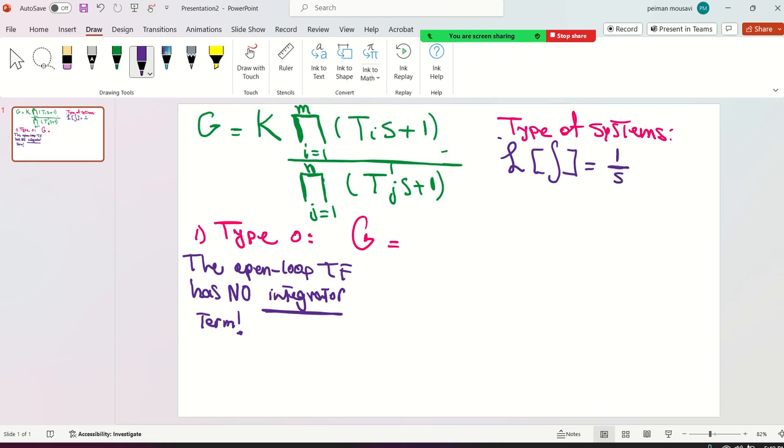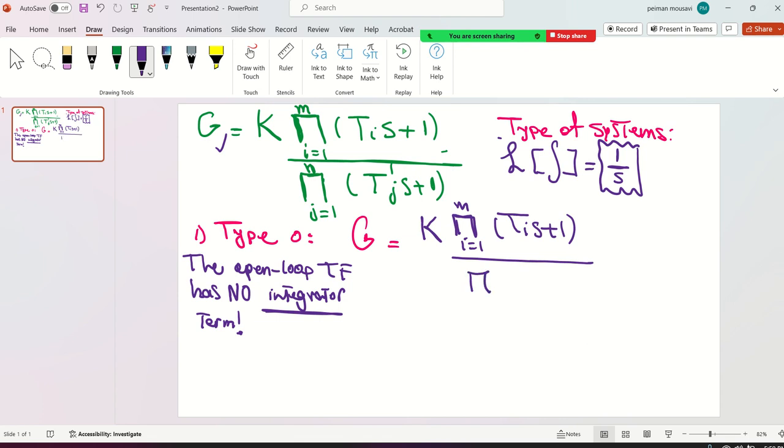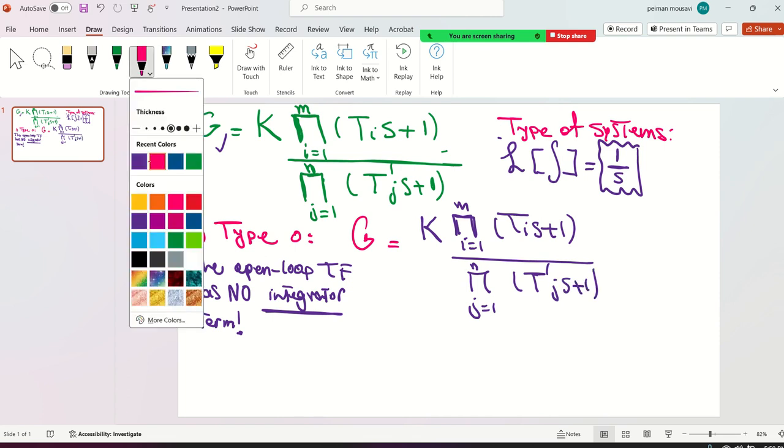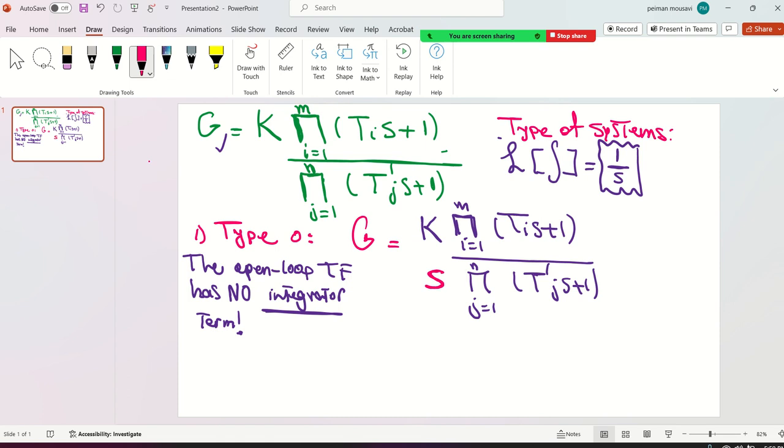It is 1 over S. PID, I is for integrator, 1 over S. So your G is exactly like this: product i from 1 to M of T_i s plus 1, over product j from 1 to N of T prime j s plus 1, times S to the power N. N is the type of the system.